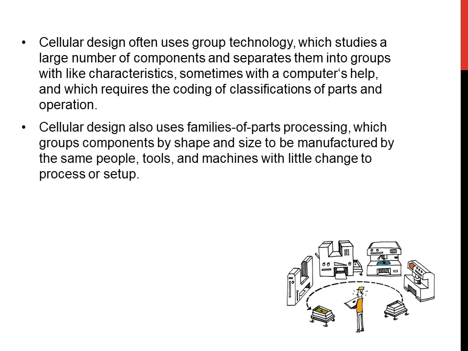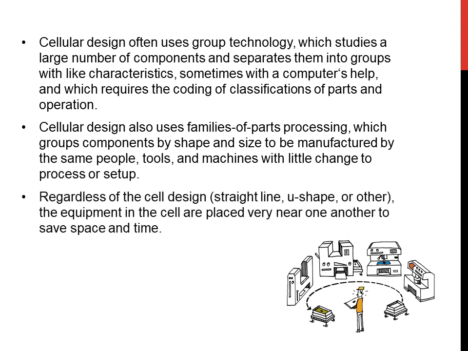Cellular design also uses families of parts processing, which groups components by shape and size to be manufactured by the same people, tools and machines with little change to process or setup. Regardless of the cell design, either straight line, U-shape or other, the equipment in the cell are placed very near one another to save space and time.